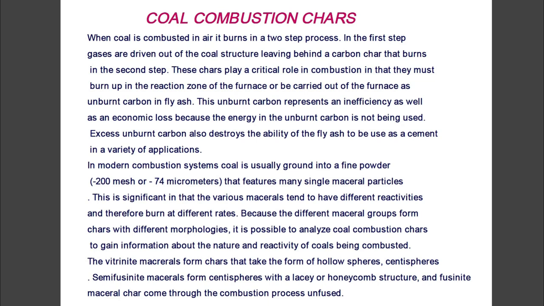In modern combustion systems, coal is usually ground into a fine powder, 74 micrometers, that features many single mineral particles. This is significant because the various materials tend to have different reactivities and therefore burn at different rates, because the different materials form chars with different morphologies.